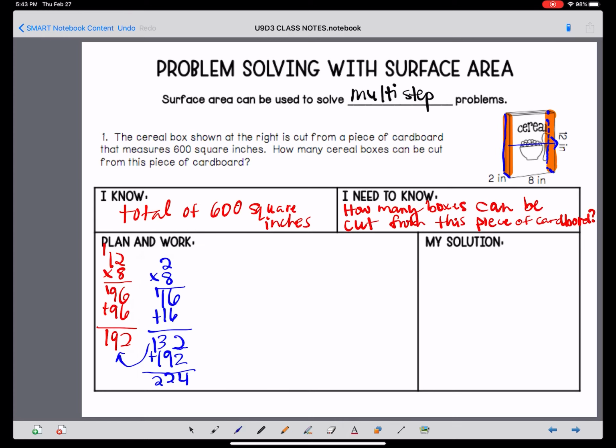So 24 is this one panel on the left, but 24 is also that orange panel on the right. So let's go ahead and add 24 plus 24. And now I need to add that to my old running total. Let's go ahead and add all of them up together.